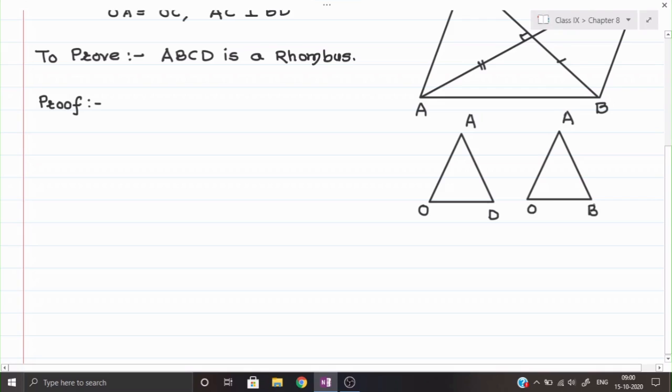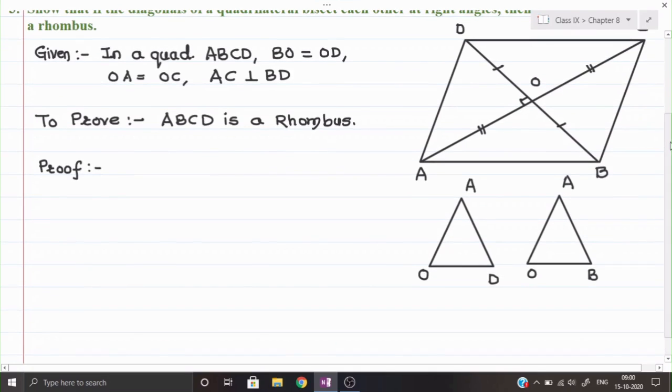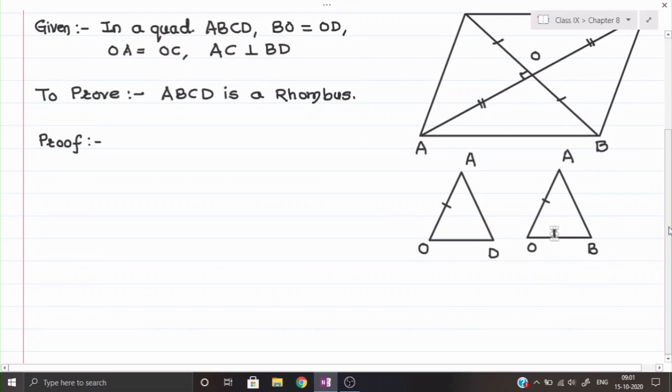Now first of all, you see in these two triangles what things are given equal to us. As you can see in the main figure, side AO and side AO are both the same. Then one more thing: OB and OD are given equal to us. So we can mark that first of all.